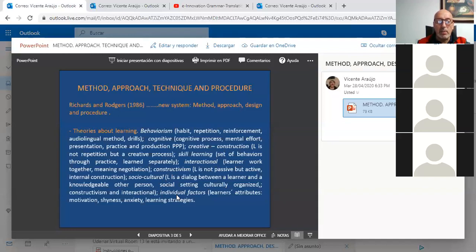Another theory is about individual factors. Differences. This theory states that if you want to learn a language, you have to keep in mind the learner's attributes and the learner's personal situations, or qualities.